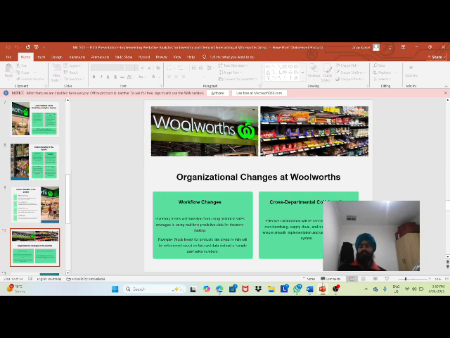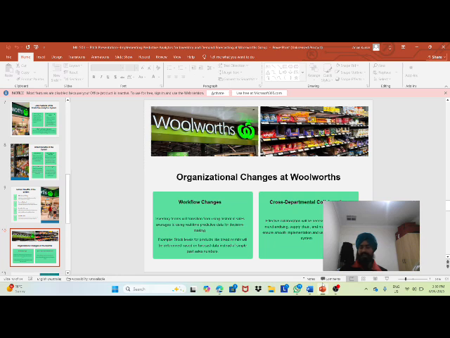And there are organizational changes at Woolworths: workflow changes and cross departmental collaboration. If I talk about the workflow changes, inventory teams will transition from using historical sales averages to using real time predictive data for decision making. For example, stock levels for products like bread and milk will be determined based on forecast data instead of simple past sales numbers.